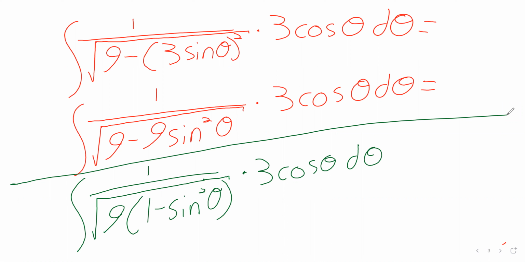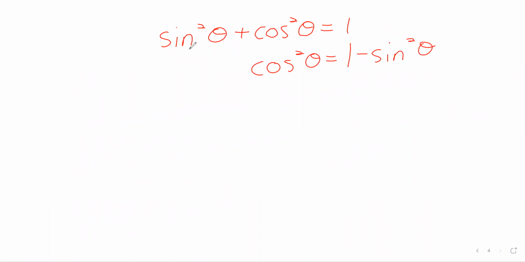And then I said that this was a very technical method, lots of steps. The square root of a product is the product of the square roots. So we are going to have the square root of 9, and we're going to have the square root of that. And the square root of 9 is 3.